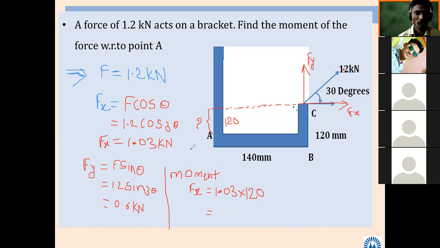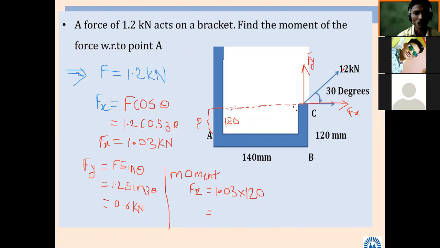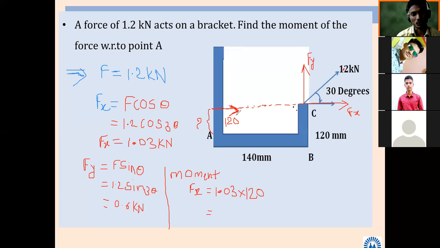If I apply the force here, this object is going to rotate clockwise. So what sign should I give, plus or minus? Plus. So calculate now.